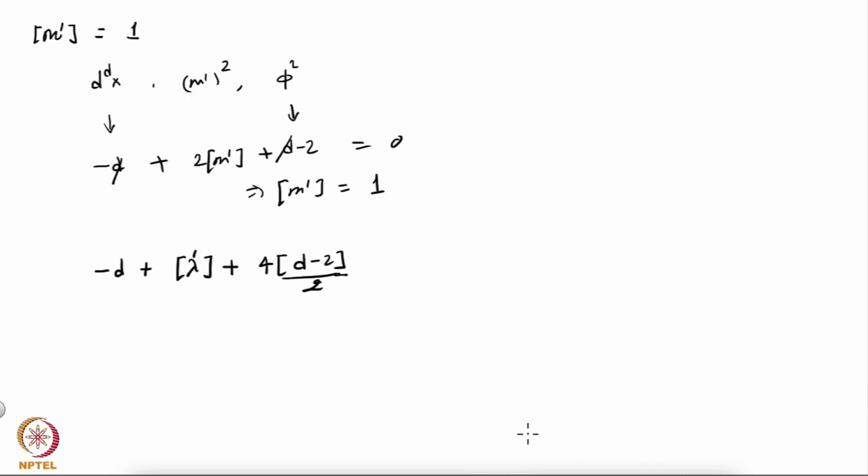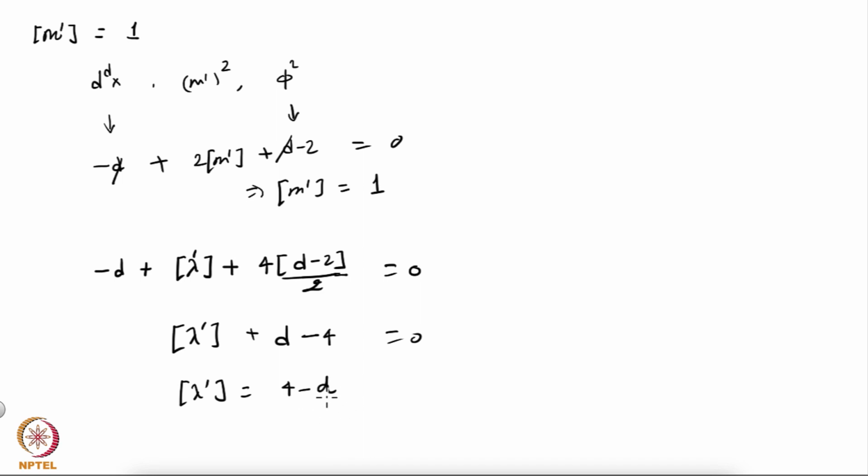So what does that give? This gives lambda prime: 4d over 2 is 2d, 2d minus d is d, and this is minus 4, so lambda prime is equal to 4 minus d.